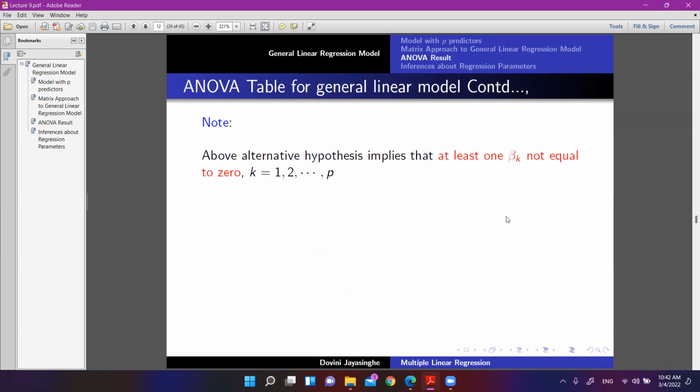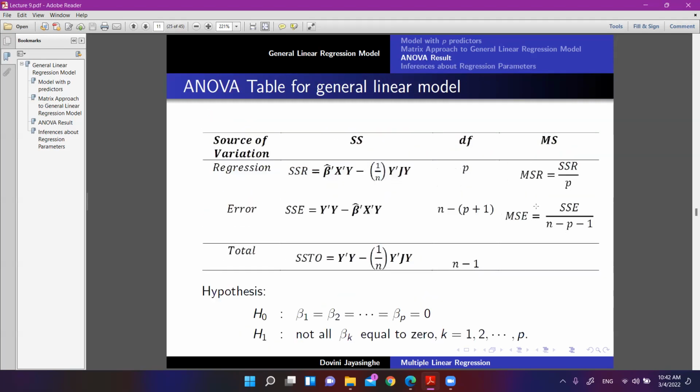So here we are doing the F test basically to check this hypothesis. Assume that you rejected H0, that means at least one beta k is significant. At least one variable is significant, but you don't know how many.